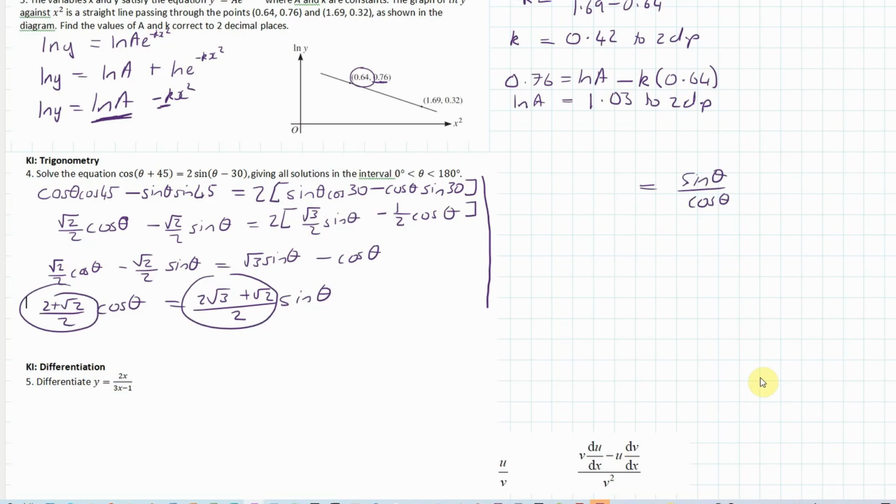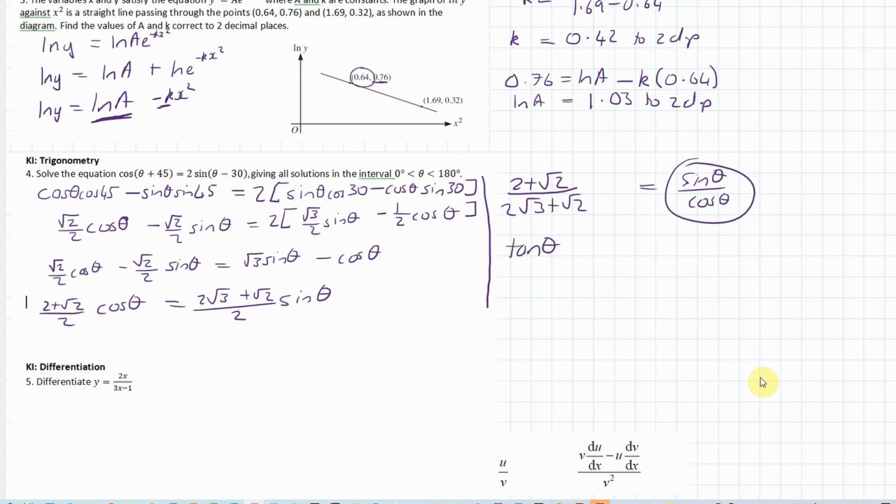Now when I do that, you'll see that's like flipping and timesing by the reciprocal. So when I do that, I'll end up with 2 plus square root 2 over 2 over square root 3 plus square root 2. Now at this point, we can flip that.